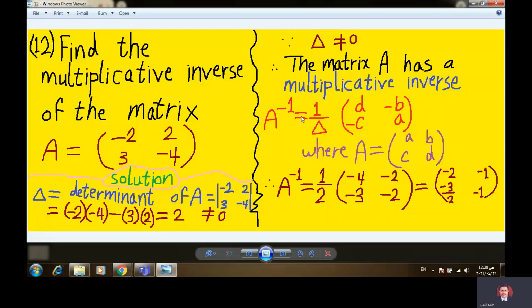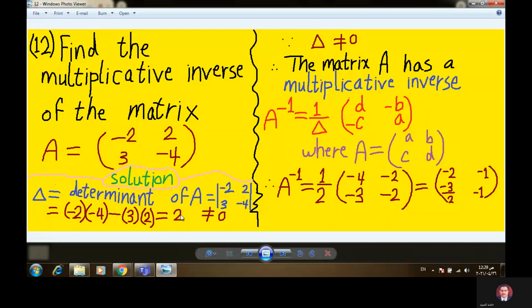A minus 1 equal 1 over delta times this matrix of elements D, negative B, negative C, and A, where A equal this matrix of elements A, B, C, D. We apply this rule to obtain the matrix A minus 1, the multiplicative inverse, equal 1 over 2.